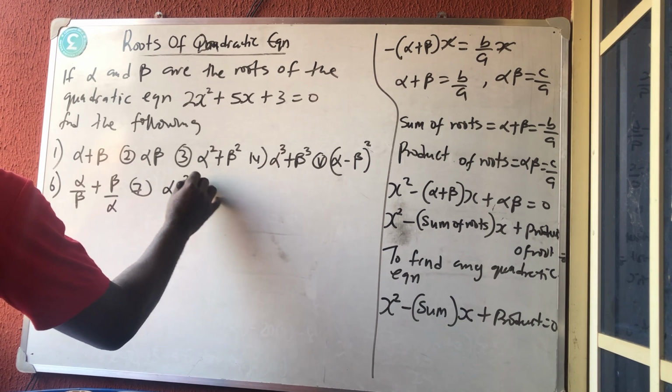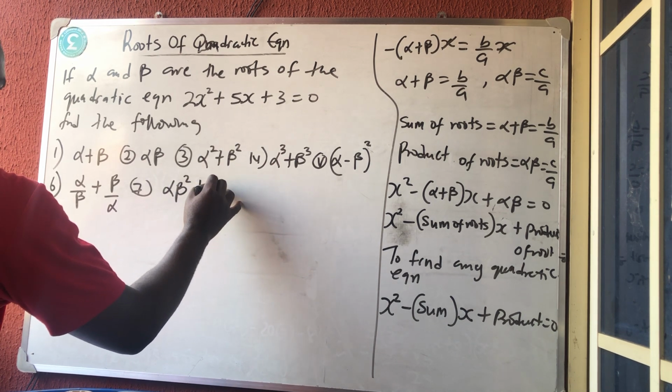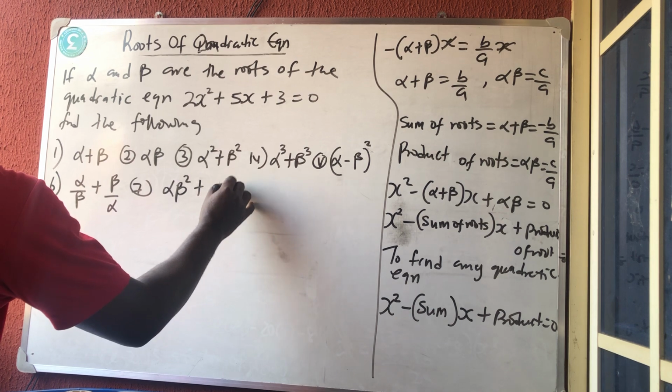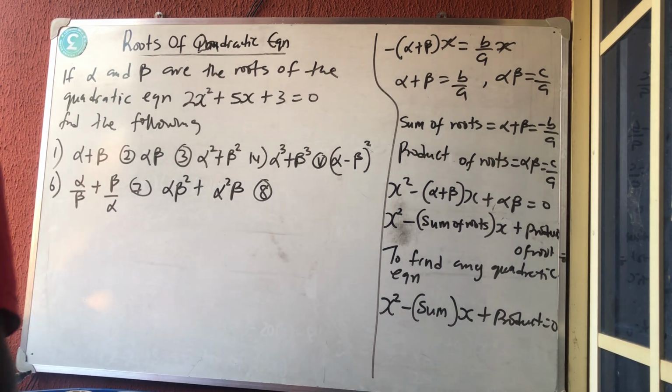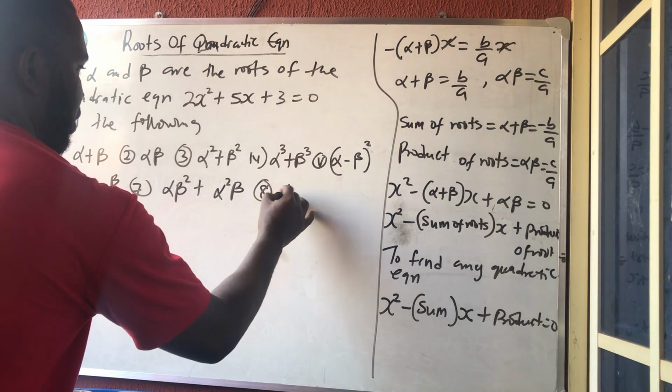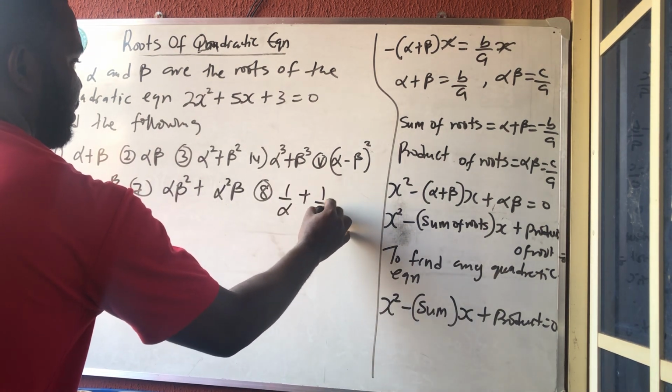Number seven, alpha beta squared plus beta alpha squared. Number eight, 1 over alpha plus 1 over beta.